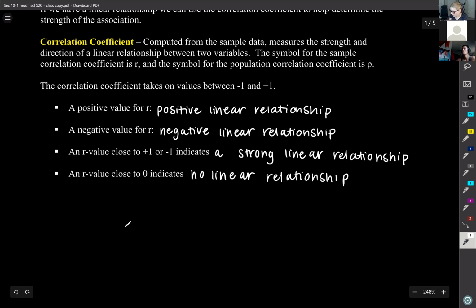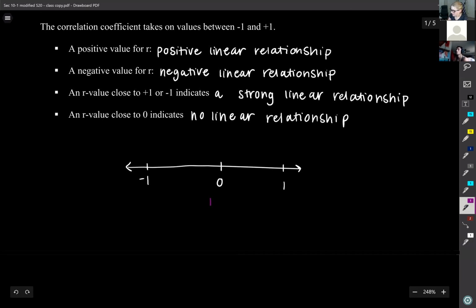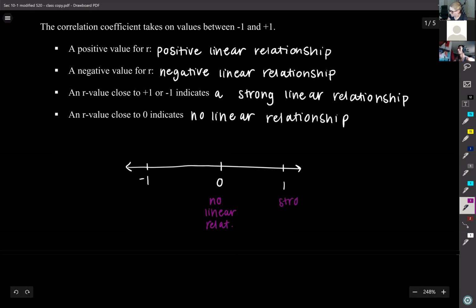If you wanted to draw a little number line, you'd have 0 here in the middle, then 1 here and -1 here. Near 0 would be no linear relationship. Close to 1 would be a strong positive linear relationship.